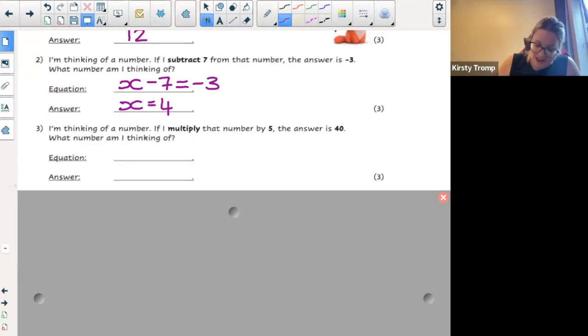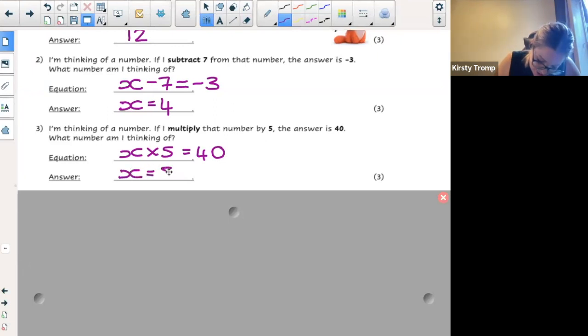Right, Tara Jane, how do I write my sum out? I've got x times 5 equals 40. Well done. And what's my answer? What's x going to be equal to, Tara Jane? X equals 8. Well done.